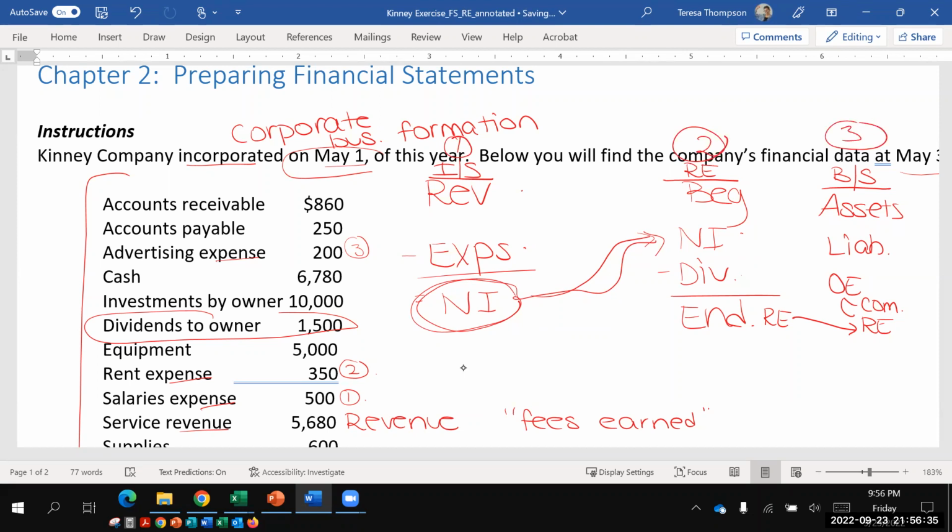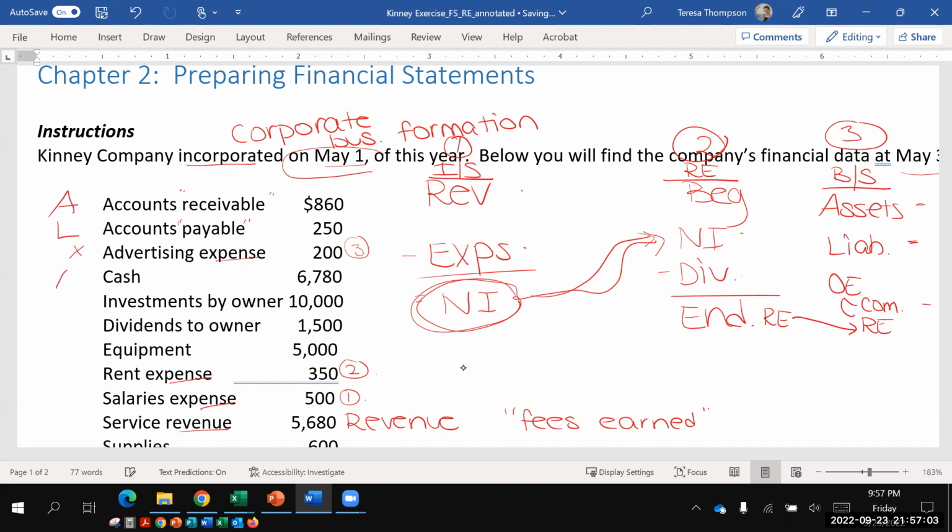All right. So if it helps you, you might want to go through the data first and identify what's an asset, liability, and then that common stock. Okay. So hopefully you remember this from a couple videos ago. Accounts receivable, that's an asset. Payable, liability. We already recorded this expense on the income statements.